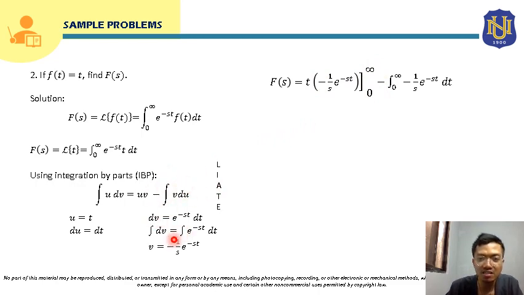Our v here is negative 1 over s e raised to negative st, and our du here is dt. So we just substitute that.